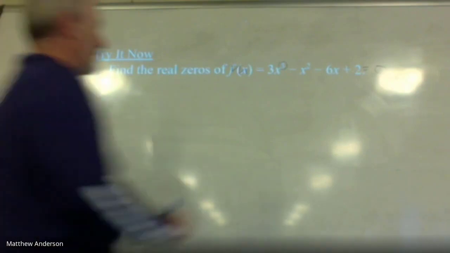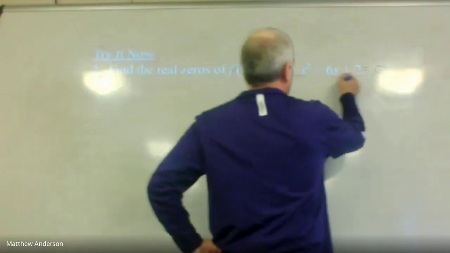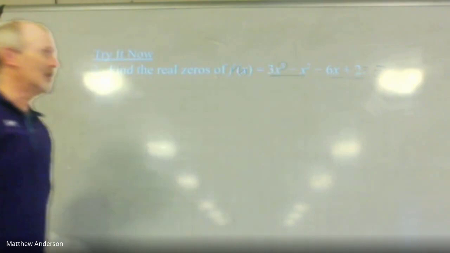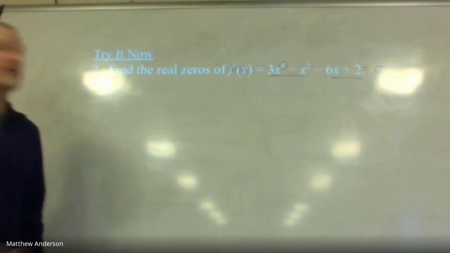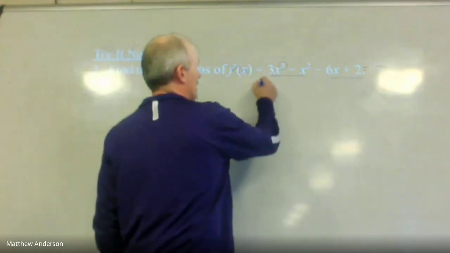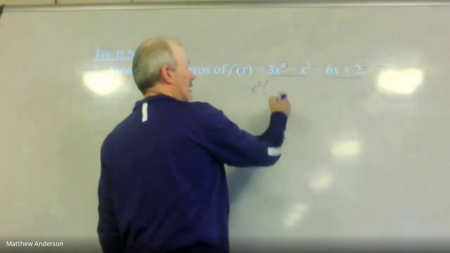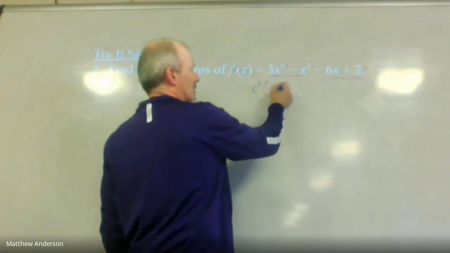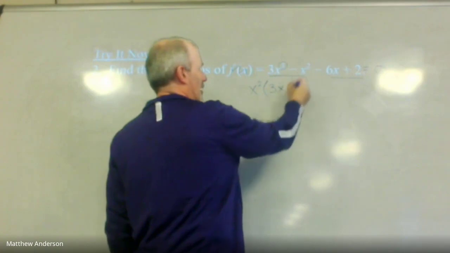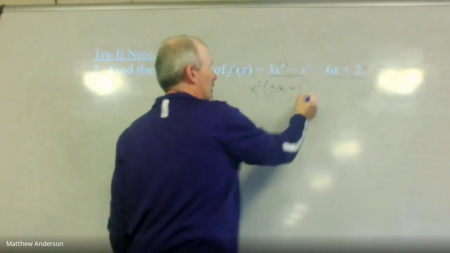So let's take a look. Factoring by grouping, what can we take out of the first pair? X squared. And what does that leave us with? 3x, and if we're dividing out x squared, we're going to have 1, right?